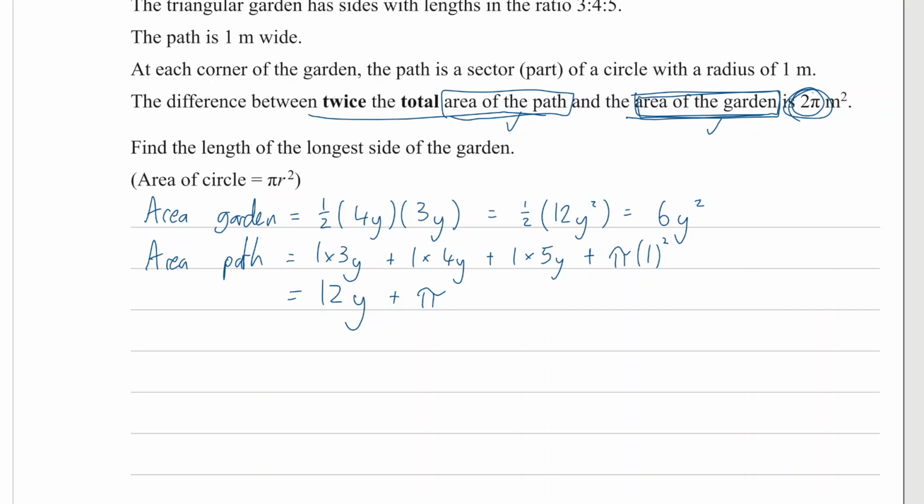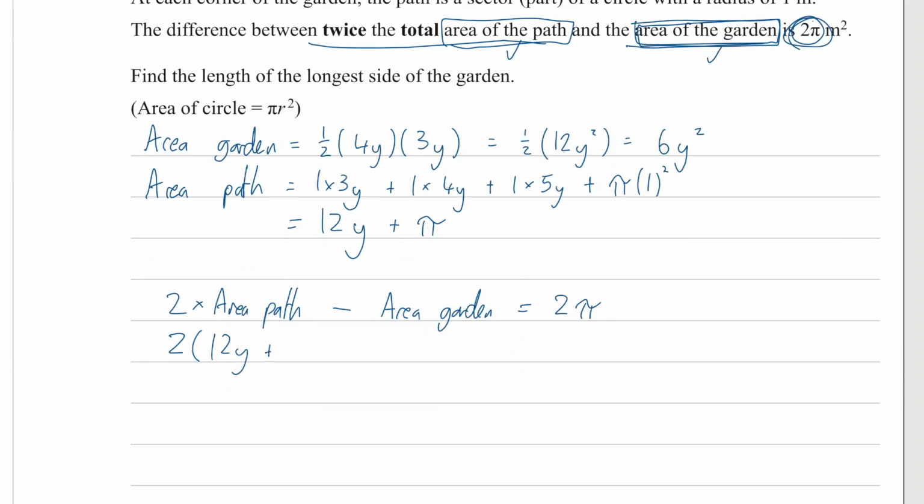So the difference between twice the total area of the path, so twice area path, and area garden is equal to 2 pi. We've got expressions for area of the path and area of the garden, so let's substitute those in. So 2 times 12y plus pi minus 6y squared equals 2 pi.